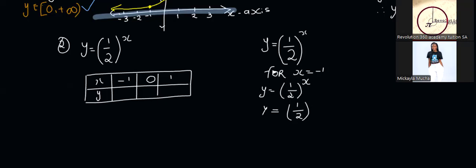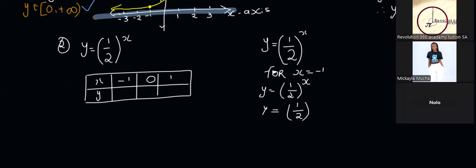Then you're gonna say therefore y is equal to, now let's press that on the calculator. Let's see what do we get. So you're gonna say 1/2 to the exponent of -1. So what's the answer?